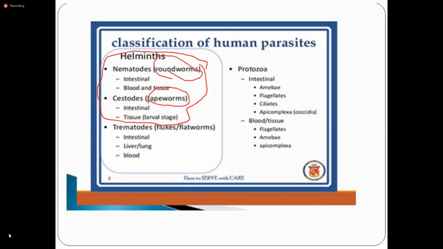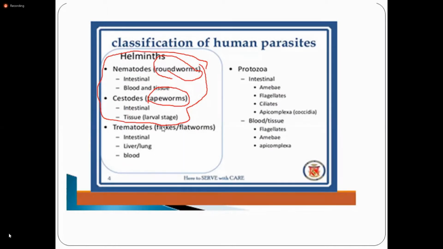Both of these are divided into intestinal nematodes and blood and tissue nematodes. Cestodes are again divided into intestinal and tissue. We will be discussing only intestinal nematodes and intestinal cestodes in today's lecture.